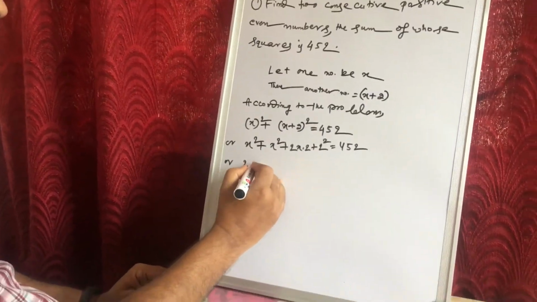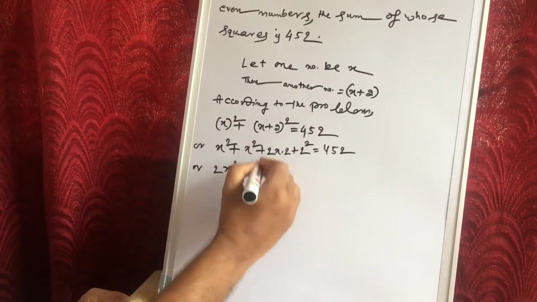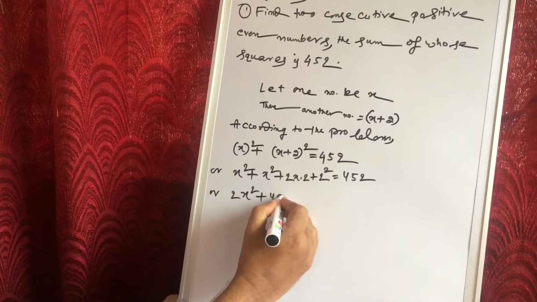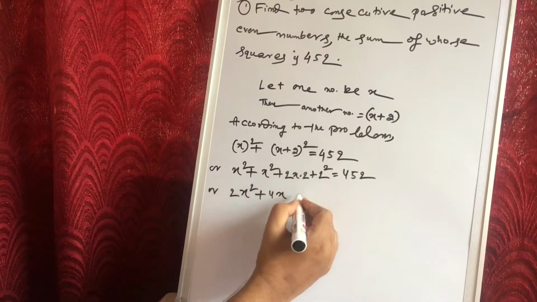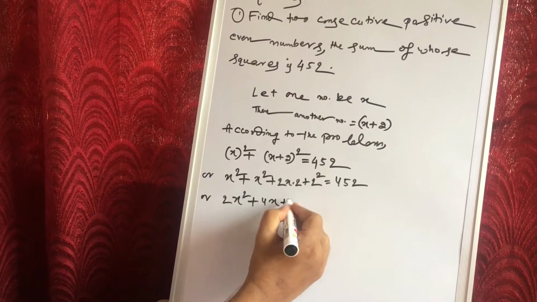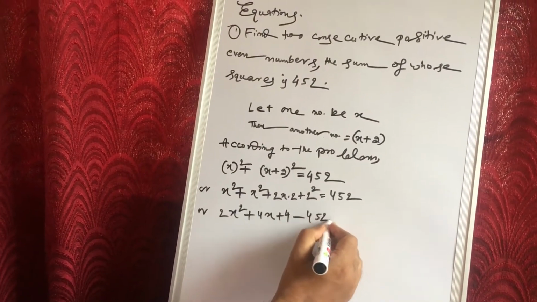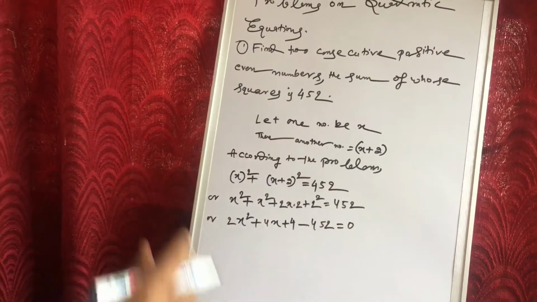Then it will be 2x square plus 4x plus 4 minus 452 is equal to 0.